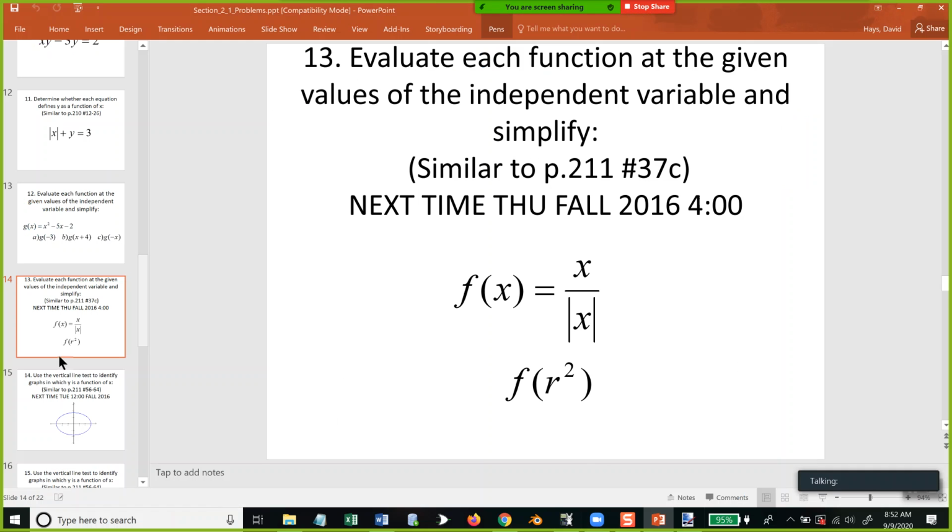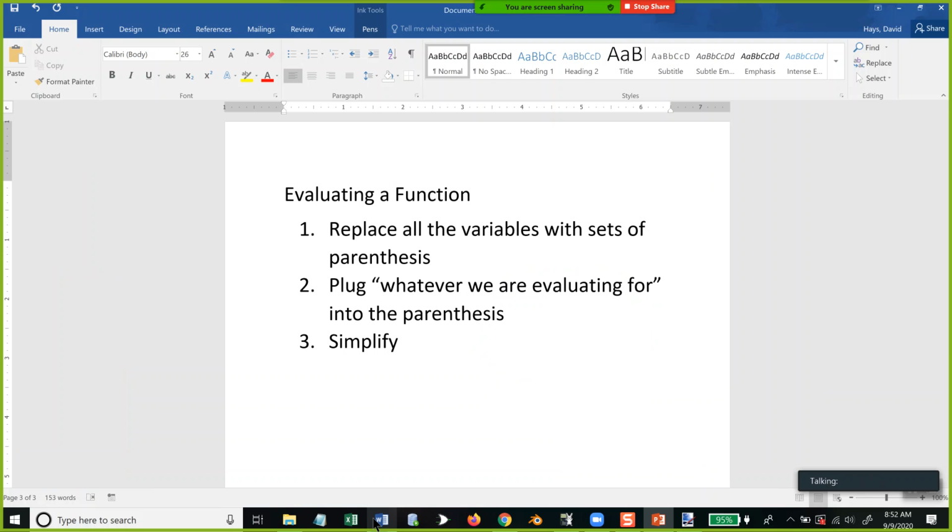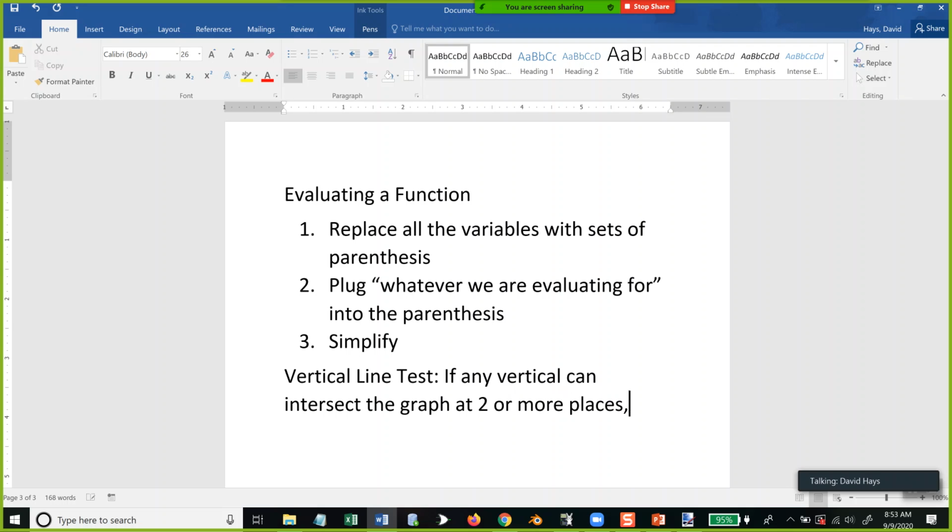Now, next topic is the vertical line test. The vertical line test says if any vertical line can intersect the graph at two or more places, it is not a function.